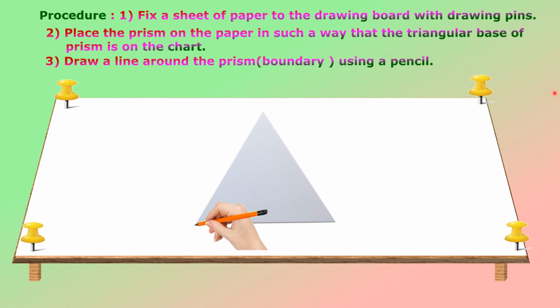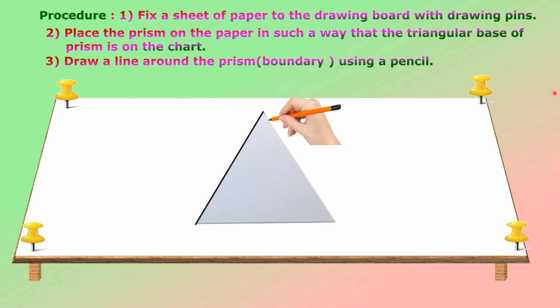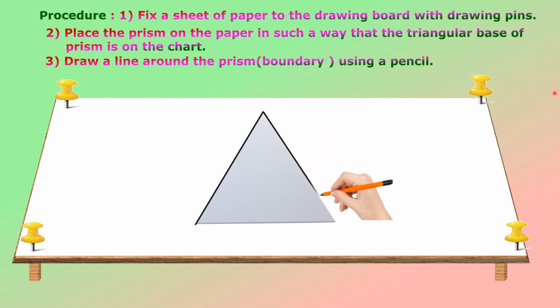Now I am drawing the boundary of the prism here, you can see. So can you tell what is the shape of the outline? The shape of the outline is a triangle.